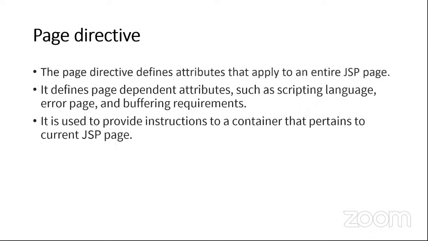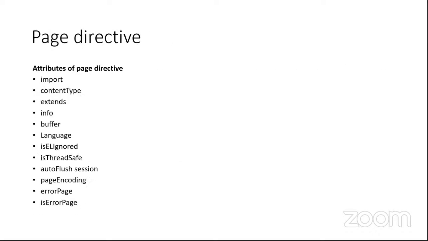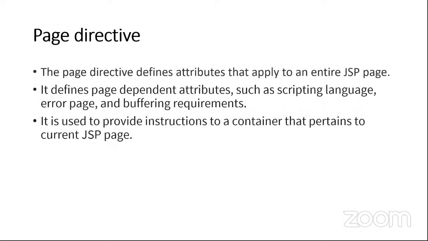Here I have a description of each directive along with the attributes. The page directive defines attributes that apply to an entire JSP page, and it's used for defining page dependent attributes such as scripting language, error pages, buffer requirements, input, output, etc. We have so many attributes, so we'll see them one by one.